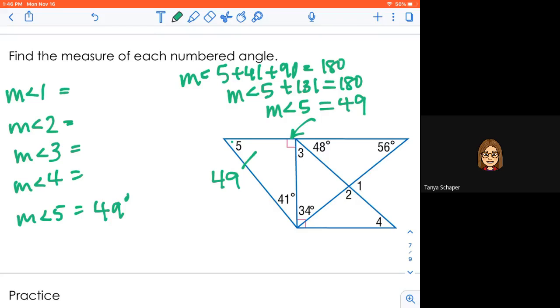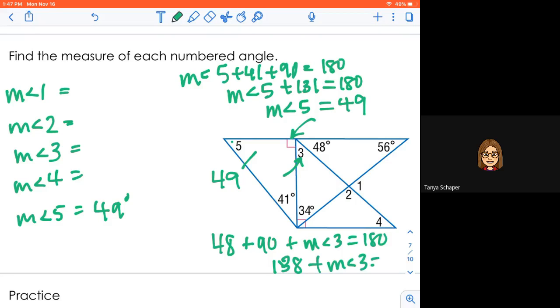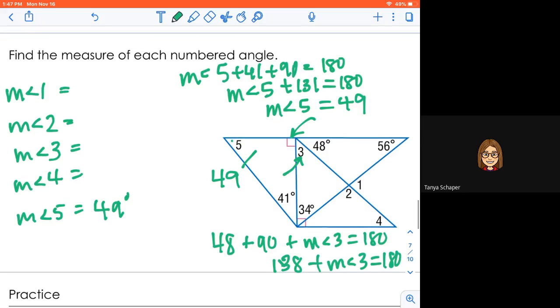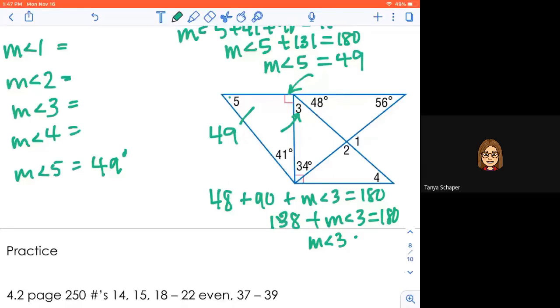When I look at maybe trying to find 3 next, I know that 48 plus 90 plus the measurement of angle 3 is equal to 180. And so 138 plus the measurement of angle 3 equals 180. So the measurement of angle 3 is equal to 42.